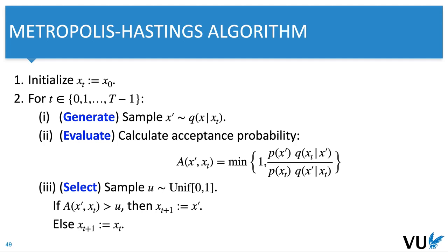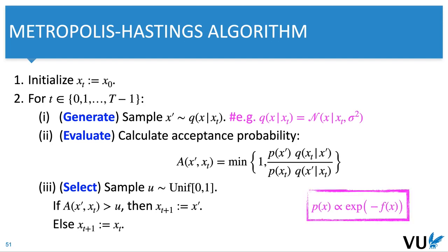And of course, we could always accept, but then there could be some issues. I don't want to delve into that. Let's say that we just remember this algorithm is called the Metropolis-Hastings algorithm. For instance, the proposal distribution is just a Gaussian with some specified variance, okay? And mean at the current point.